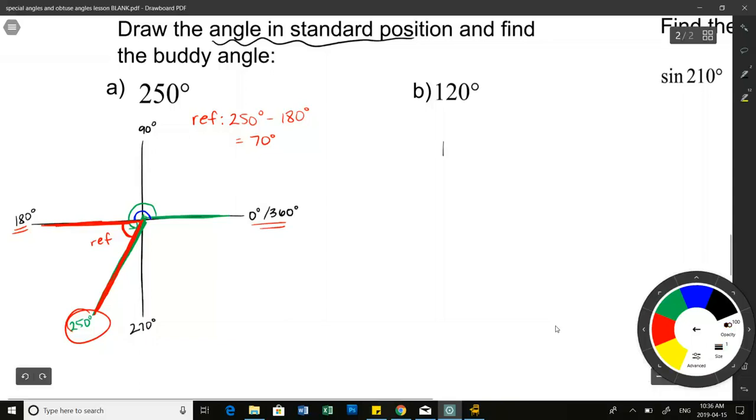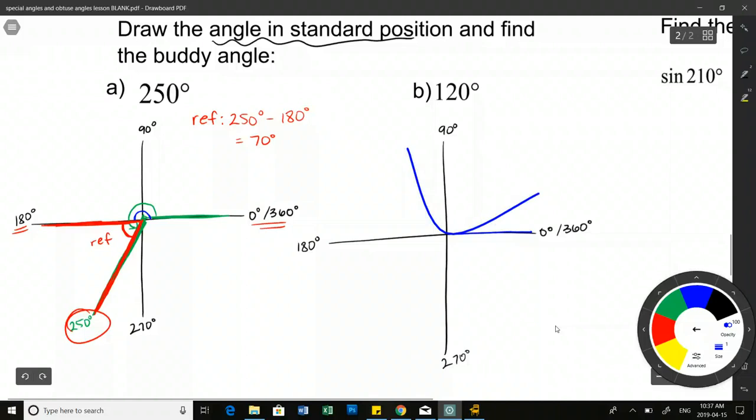Okay, let's try one more. We're going to draw our grid again. We're going to plot 120. Measuring from 0, we already actually plotted this one before. 120 is just past 90. Maybe we could say it's right there-ish. Again, that's my measurement inside here.